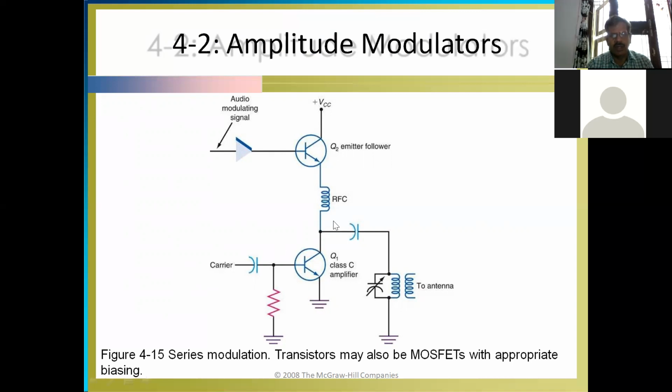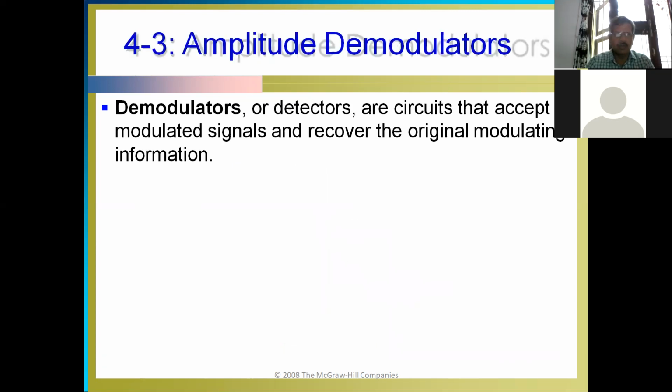The output of this circuit is taken from the collector of the Q1, connected to a transformer, and we measure the output at this series modulator. So these are some different types of modulators that are used in amplitude modulation systems.